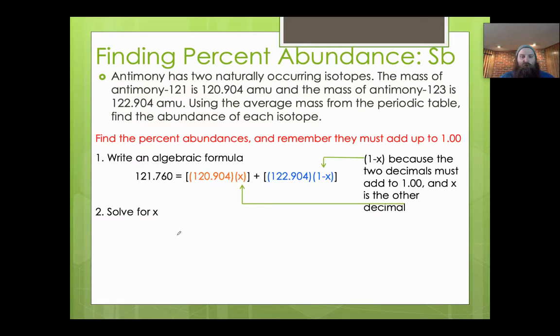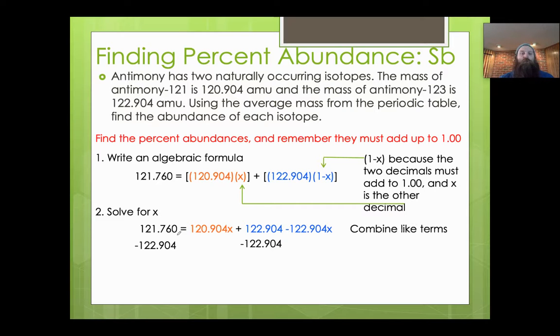The next thing I want to do is solve for x. So it's just like you're walking into algebra class. So I'm going to put these things together, all right? There we go. Combine your like terms. That's x in red. That's x in blue. Divide by -2.